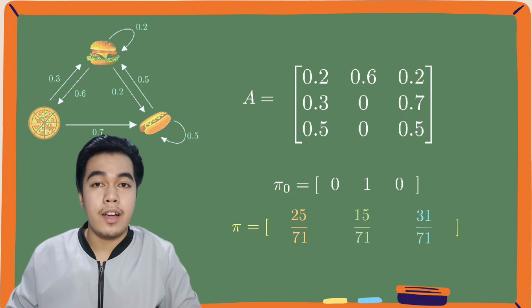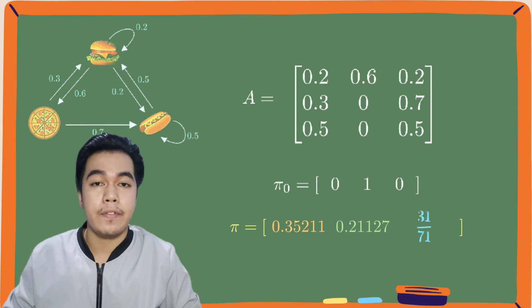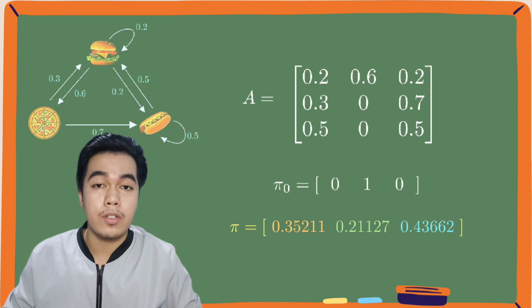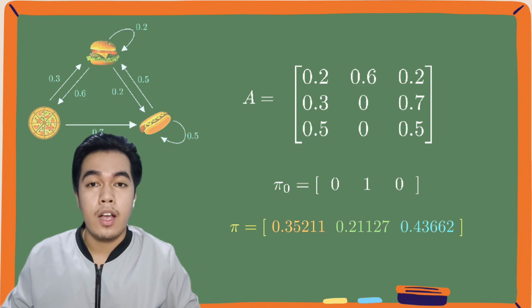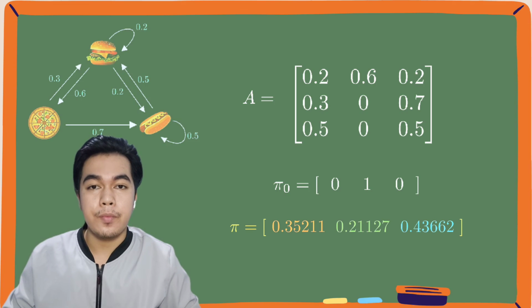It tells us that the restaurant will serve hamburger about 35% of the days, pizza about 21%, and hot dogs about 46%. Using this technique, we can actually see if there is more than one stationary state. Can you guess how? We just need to see if there exists more than one eigenvector with eigenvalue equal to 1.